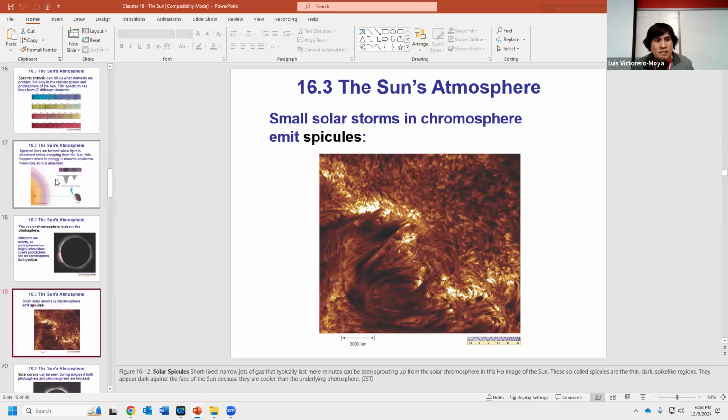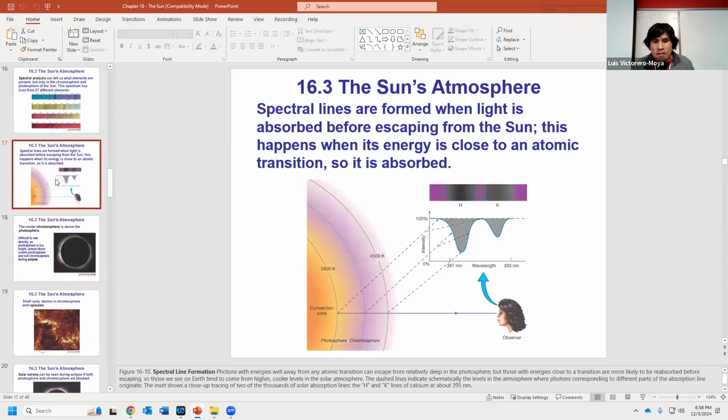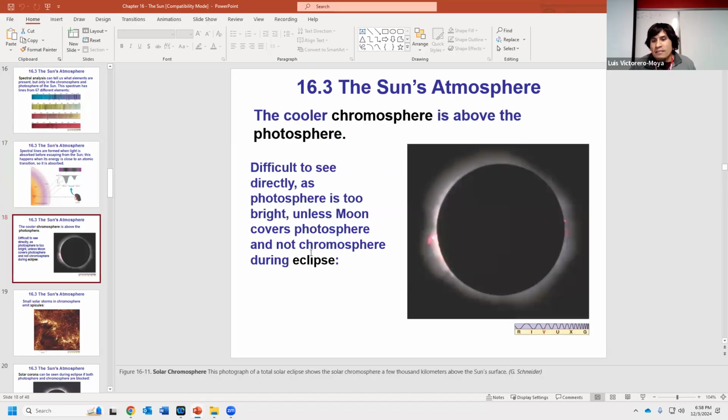All right, the corona of the sun is around here, the outer atmosphere of the sun. You have the photosphere, the surface of the sun, the chromosphere, a little bit beyond the photosphere, and then you have the corona. The corona, guys, is that.